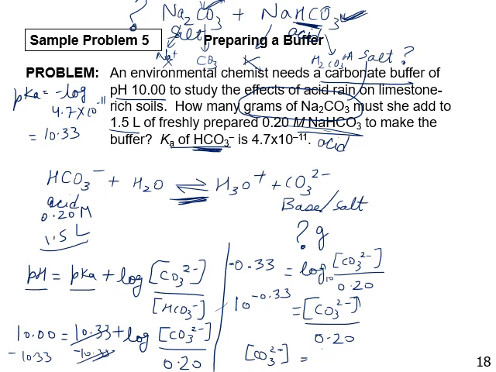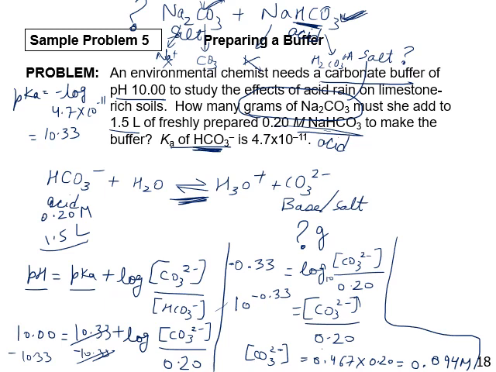If you plug this into a calculator, it gives you 0.467 times 0.20, which gives you a concentration of 0.094 molar, which means this is how much molar my carbonate should be. This is the molarity of carbonate.